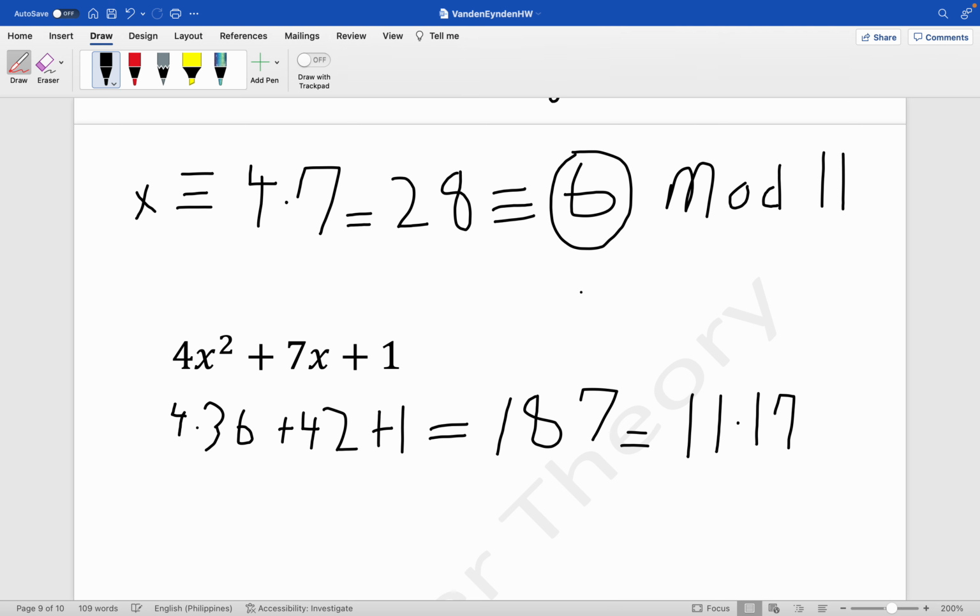Now, just a word. 6 is what they call the least positive integer that would be the solution to this. There's plenty of others. For example, -5 would also be a solution. If you wanted the largest negative number solution to the equation, it would be -5, because -5 is congruent to 6.